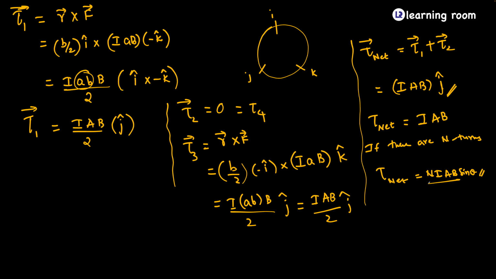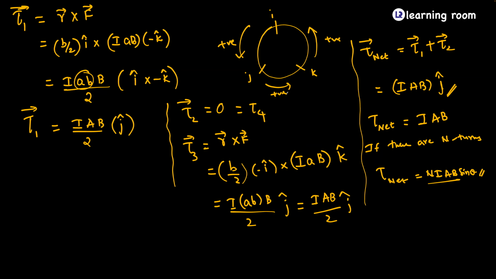A into B is the area of the rectangle. Capital A is the area of the rectangle. I cross minus... You know that circle, right? For that circle, what you're supposed to do is take IJK in the anti-clockwise direction. Anything in the anti-clockwise direction is positive.